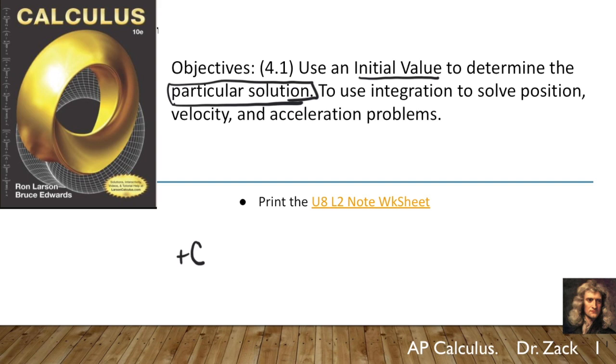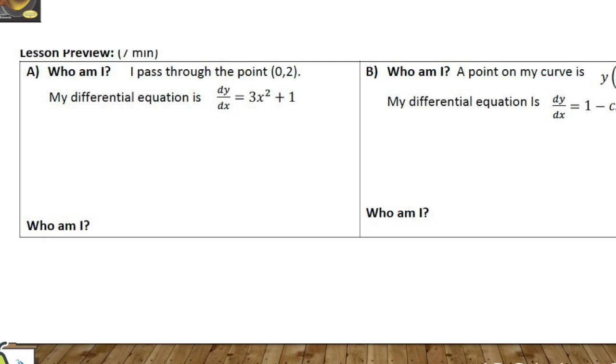Let's get started. For your lesson preview, you were given a differential equation and asked to find the original function y. So hopefully by the end of class, if you weren't able to do so already, you came up with y equals x to the third plus x plus 2.